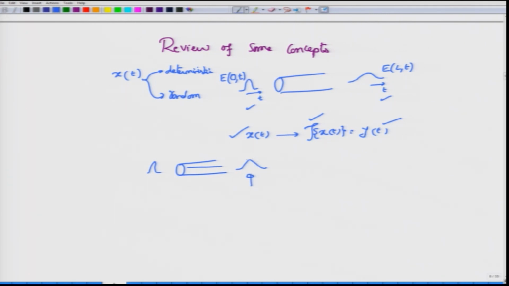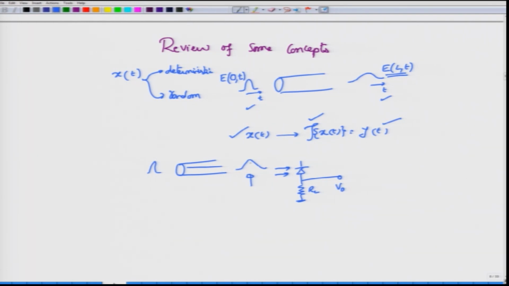What you are actually finding at the output of the fiber is the electric field, and to convert the electric field into something that can be measured in the form of a current, you will have to use a photodiode. Once you use a photodiode and there is some load resistor RL, let us say you are monitoring the output across this resistor RL.